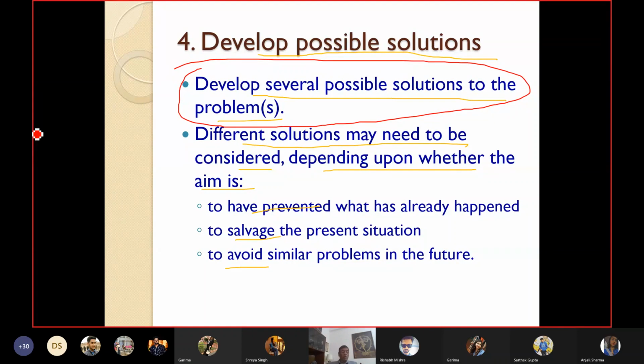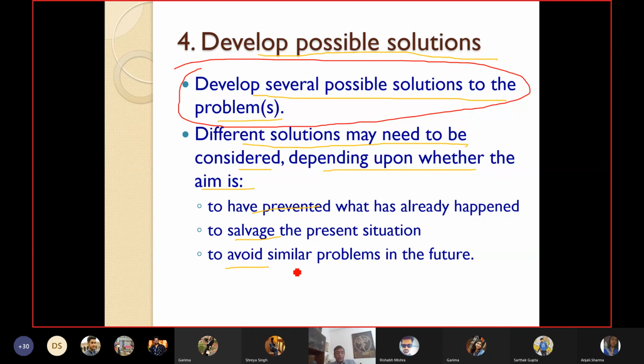Now, there could be more than one solution. Look at all these solutions, but choose the ones which you think will give you the best possible outcomes. You recommend those solutions, and those are the solutions you need to highlight and focus on.